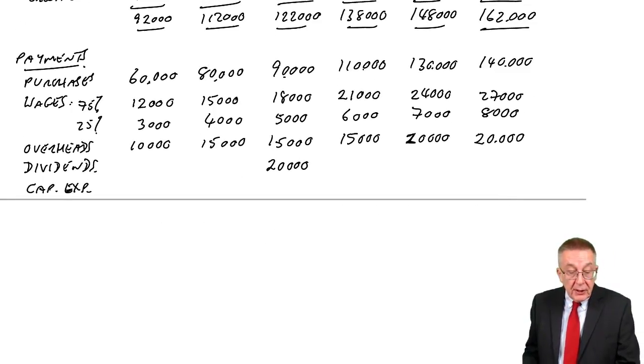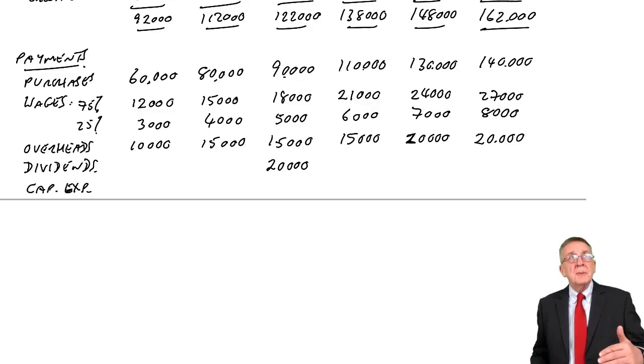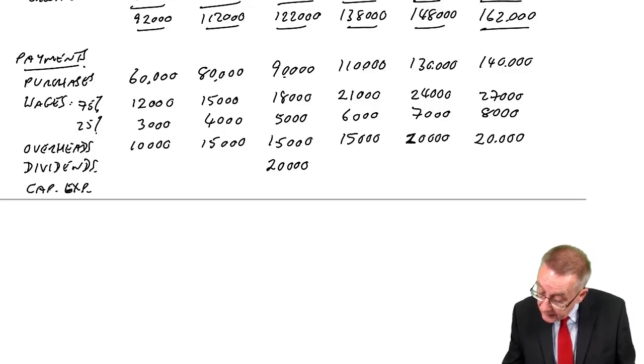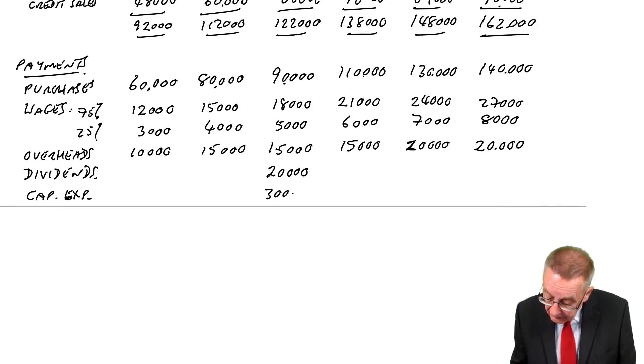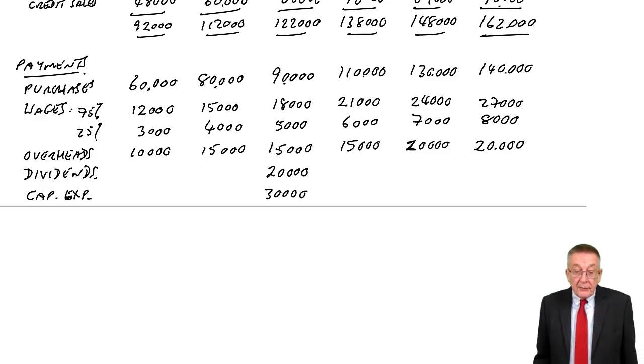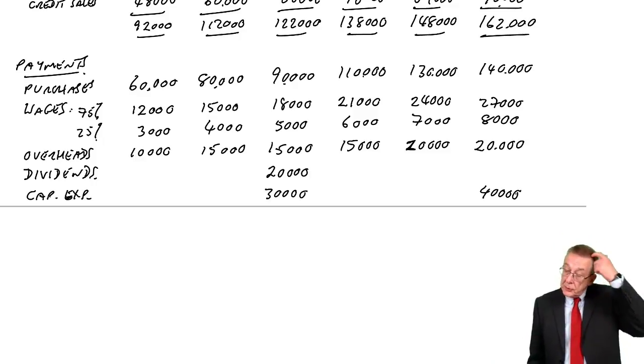So if we have capital expenditure of 30,000 in January, we'll actually pay the cash 2 months later, February, March, which is March. I'm getting lost in March. And finally, 40,000 in April. It'll be paid 2 months later, May, June. We'll pay 40,000. The cash will be paid in June.